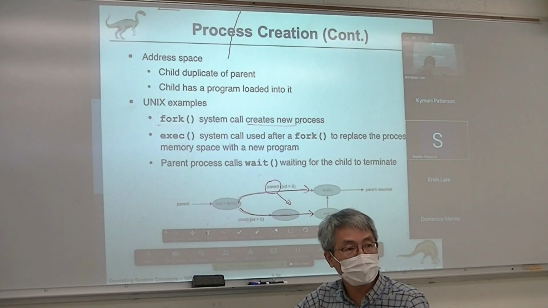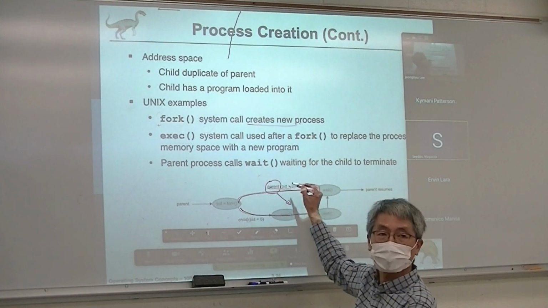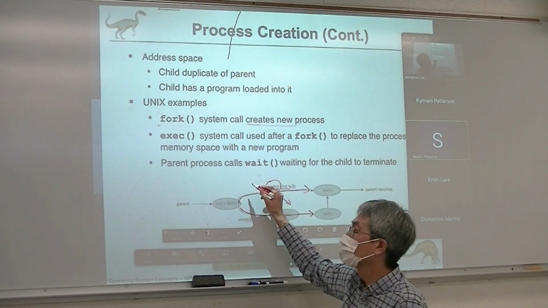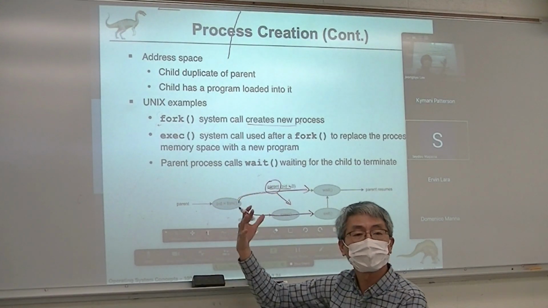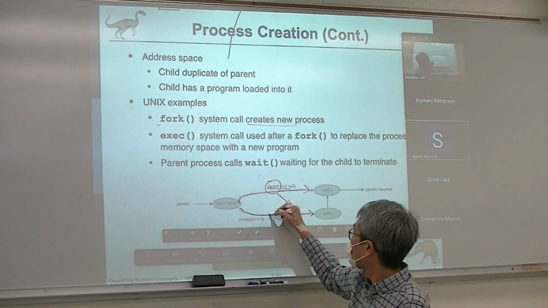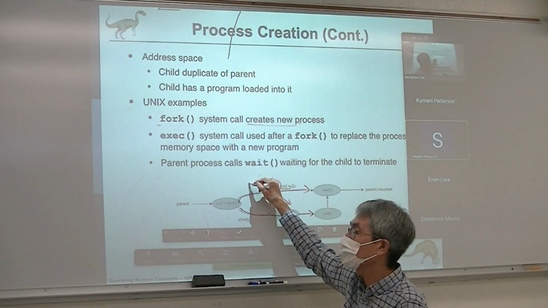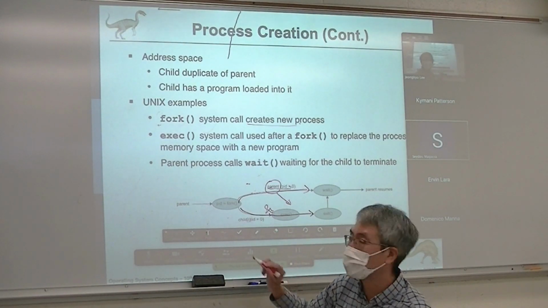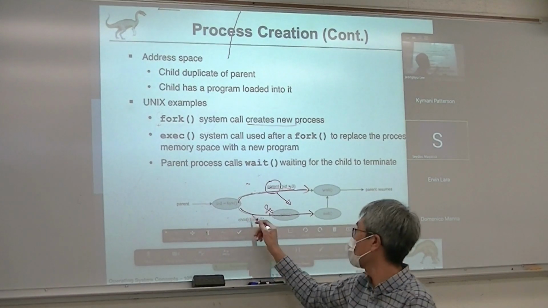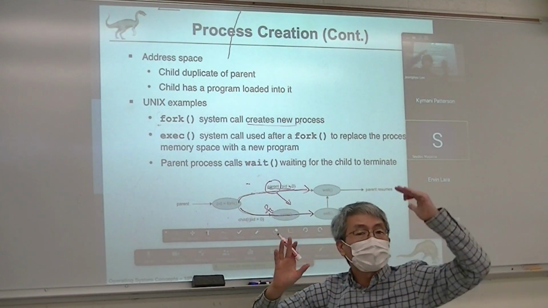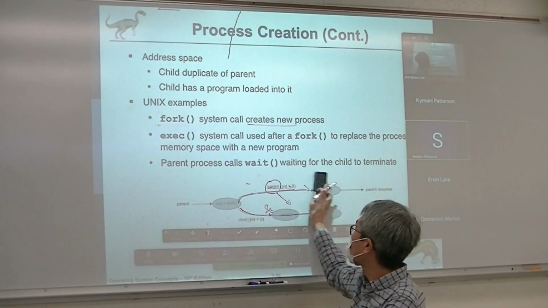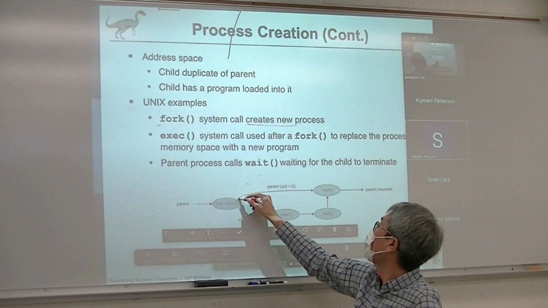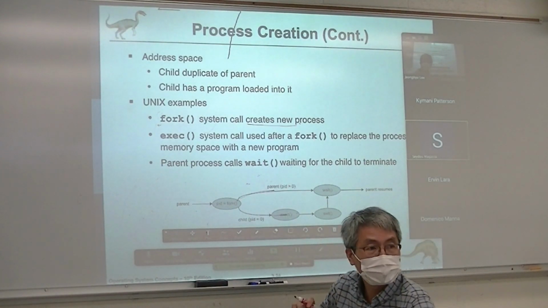But some operating systems allow the parent to do something else. Even in Unix or Linux, you can avoid waiting, which means you can run the child process at the same time as the parent process. If you run it with an ampersand as a background process, then one is the foreground and one is the background, and both are running. But when we first developed such a system, we used waiting for the child process.